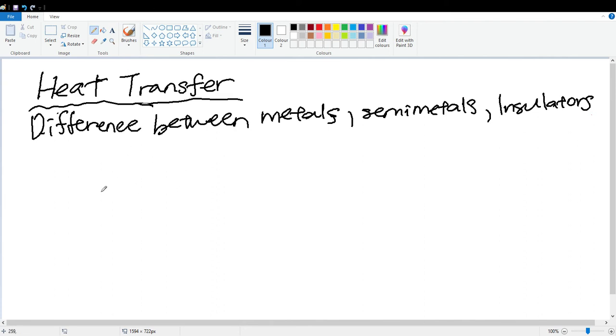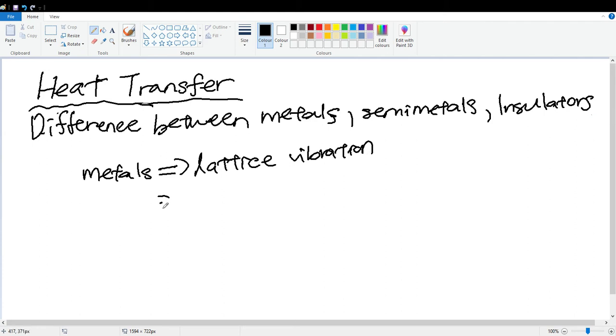So let me list them all out. Metals can conduct heat through lattice vibration and collision of free moving electrons.